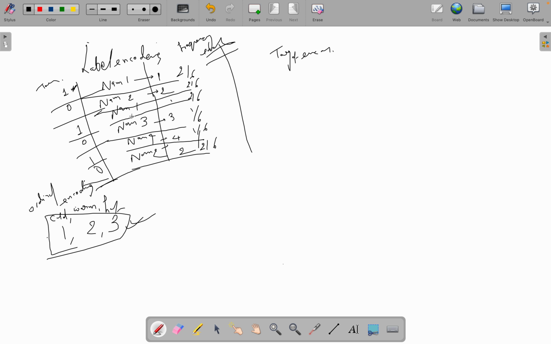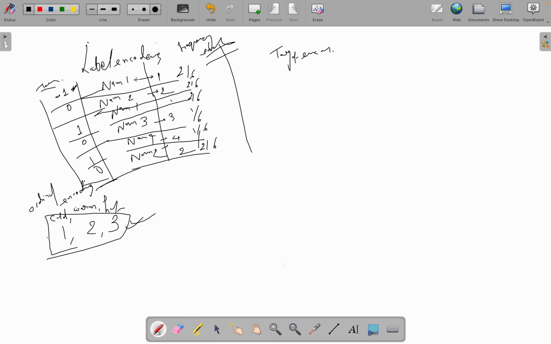Here we have only one column, so it's difficult to rate. But if you have more than one column, with the name, the age, BP and all, he had something or not. So target encoding is to take the mean of it.